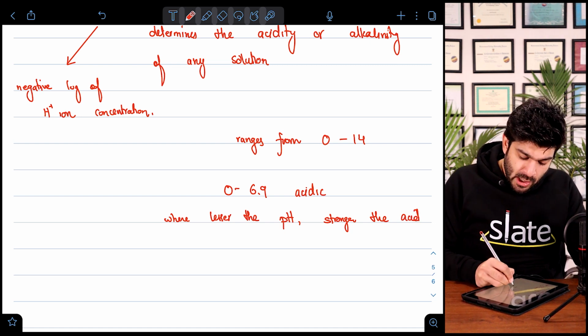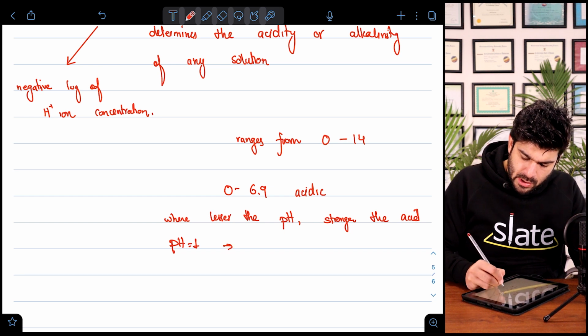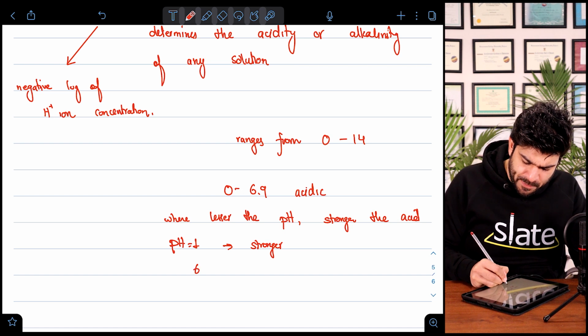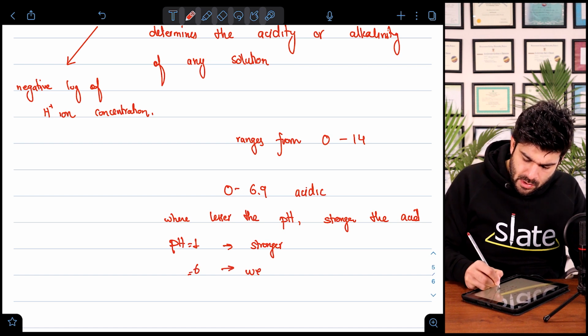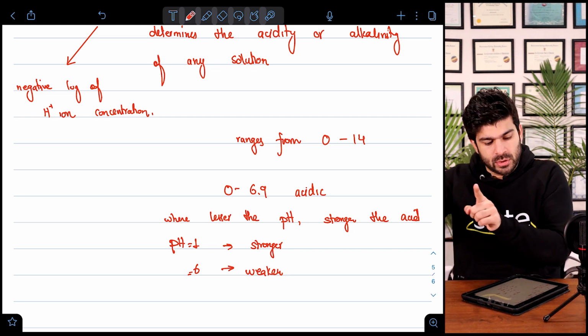So an acid with 1 pH is stronger. An acid with 6 pH is weaker. So that's how it goes.